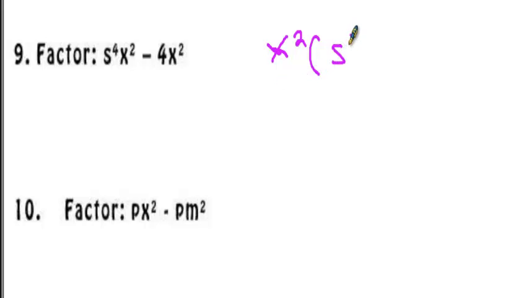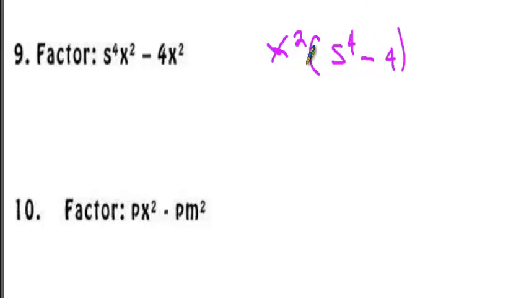So I will have here S4 minus 4. Now again, if you would like to check your answer, x squared times s4 is s4x squared. X squared times negative 4 is negative 4x squared. So we factor out the GCF correctly.